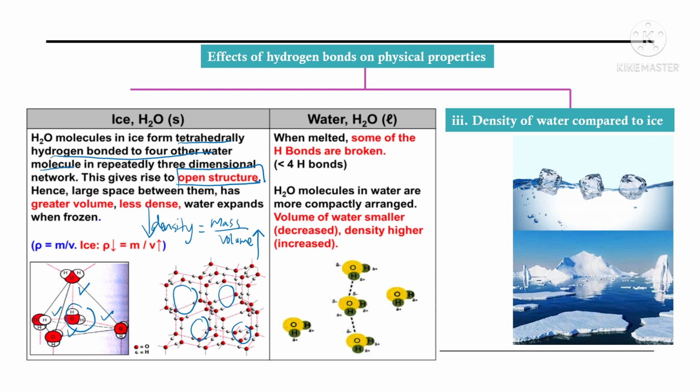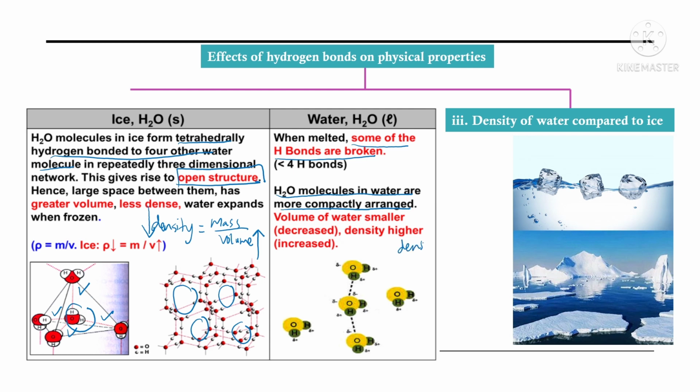When ice melts to become water, some of the hydrogen bonds are broken. In liquid water, water molecules do not need to form a maximum of 4 hydrogen bonds. As they do not need to form a maximum of 4 hydrogen bonds, the water molecules can now arrange themselves more closely to one another.